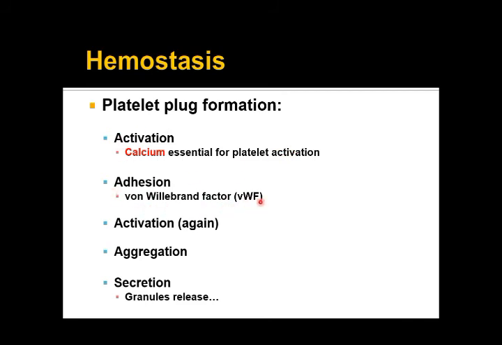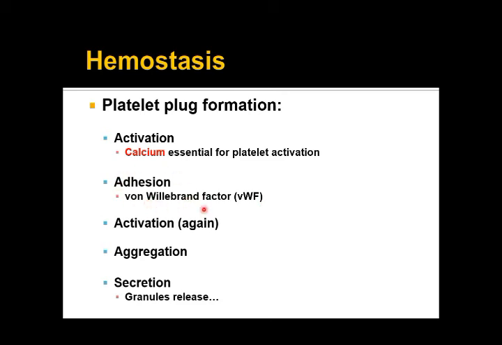And then we also have adhesion made possible by von Willebrand factor. And if you're familiar with von Willebrand factor, you might remember that it is made by endothelial cells, and when endothelial cells get damaged or destroyed, they'll release von Willebrand factor, and this is another component that really enhances the stickiness of platelets.